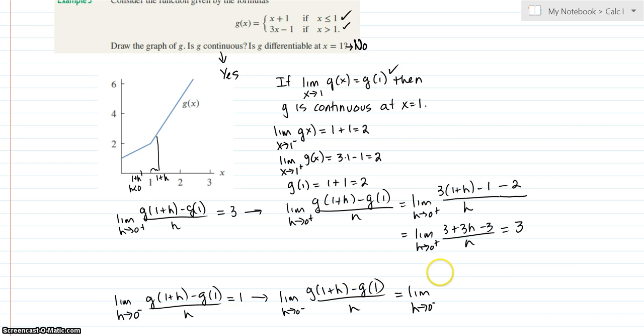And that would be 1 plus h plus 1, and then minus the 2. You can see there that the 2s cancel, the h's cancel. That becomes h over h, which is indeed 1. Hope that helps.